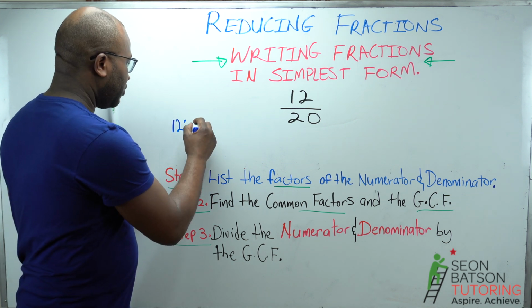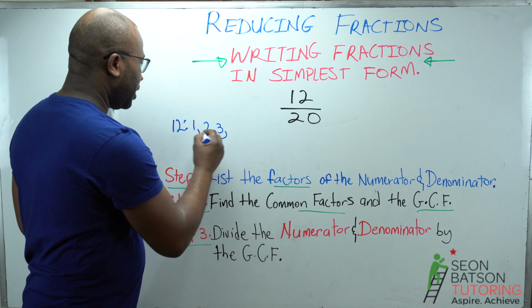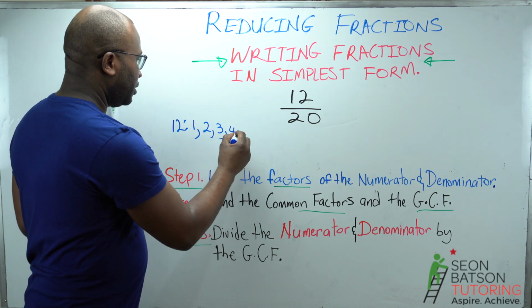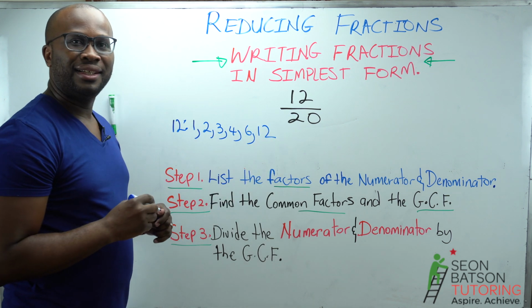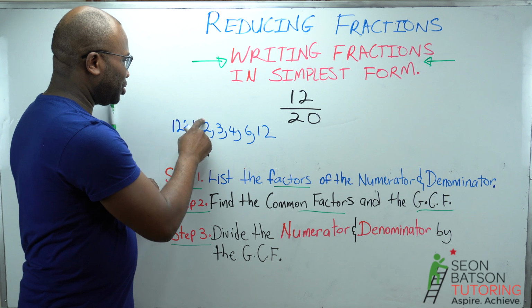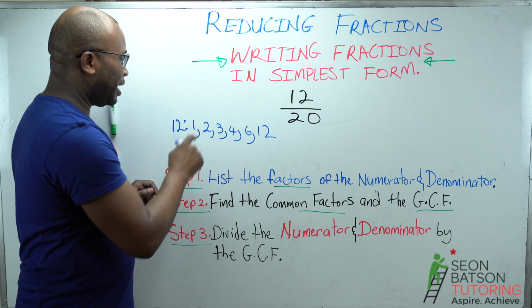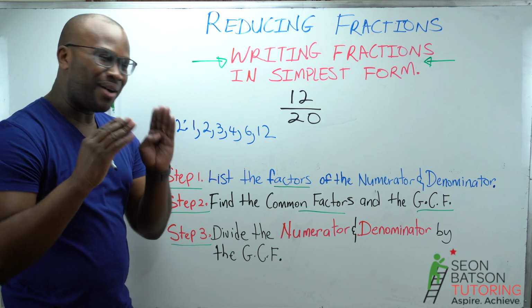So the factors of 12 are 1, 2, 3, 4, 6, and 12. Yes? 1 times 12 is 12, 2 times 6 is 12, and 3 times 4 is 12. So far, so good.